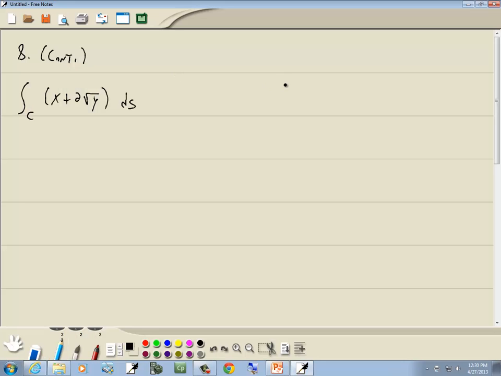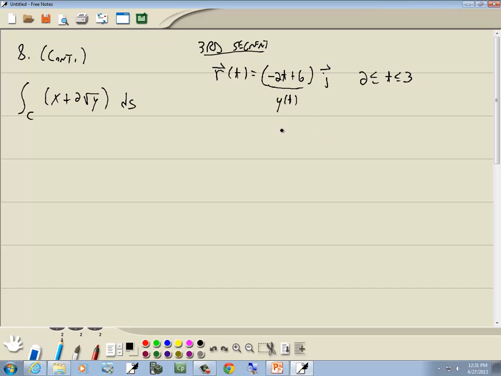Okay, back to our third segment. Our third segment I wrote down was r equals negative 2t plus 6 j from 2 to 3. Okay, so this is our y of t, which means x of t is 0.